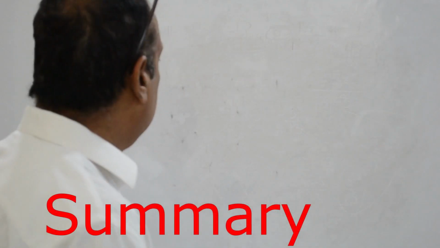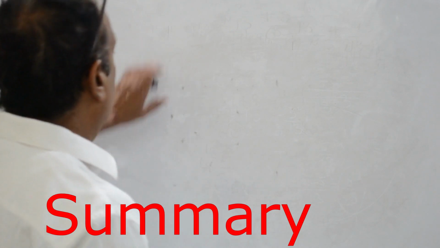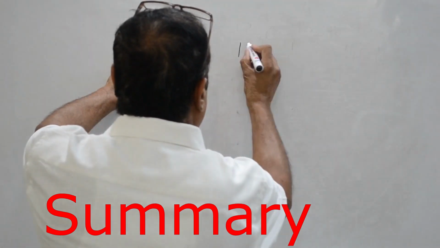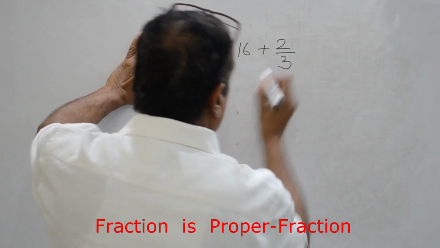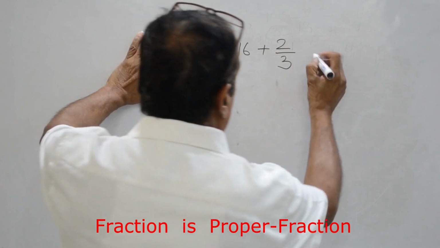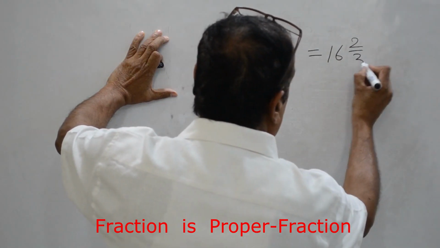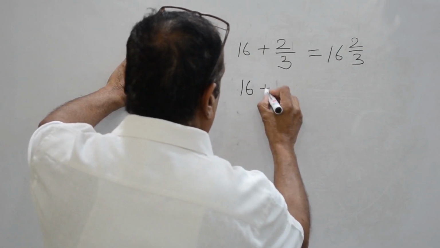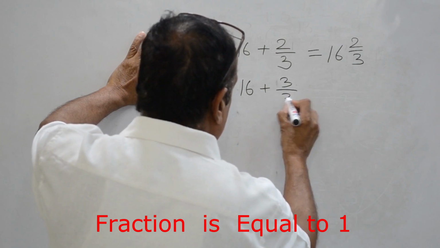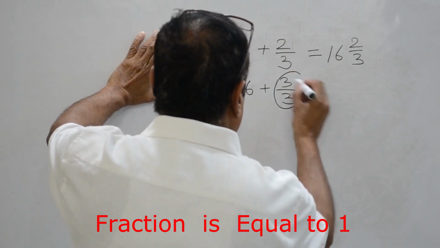So let us summarize what we have learned till now. So when we get a proper fraction in the fractional part, we can write 16 2 upon 3. And if we get numerator and denominator of the same value, we will convert it into 1.